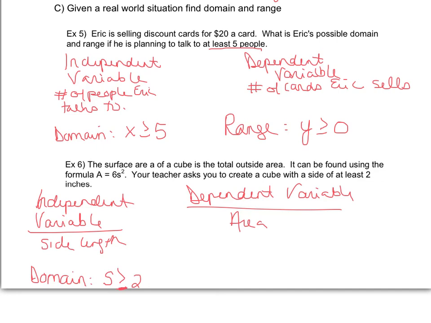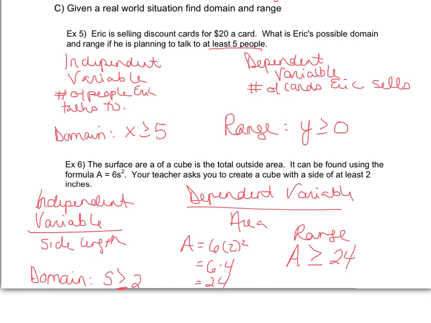Well, if I start at 2, my area will be 6 times 2 squared, or 6 times 4, so 24. Well, if I use a side length that's bigger than 2, won't my area be bigger than 24? So I'm going to go ahead and say that my range, my possible A values, have to be greater than or equal to 24. And there's my domain and range.